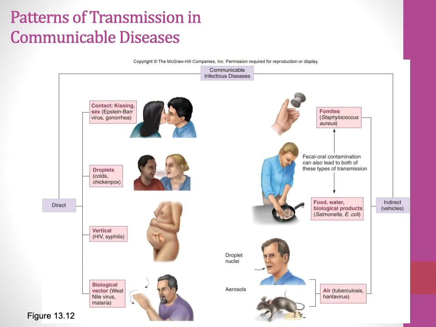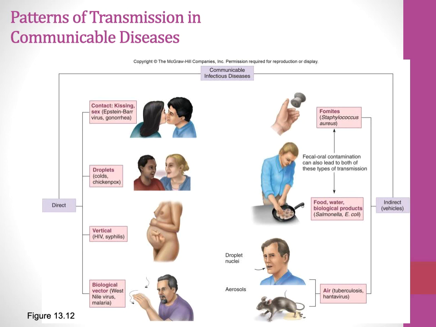Looking at patterns of transmission in communicable diseases, we can have direct transmission or indirect transmission. With direct transmission, we have to have close contact with an individual that has that. So this could be through kissing or sex, also exchange of droplets, so through talking. So again, 6 feet.